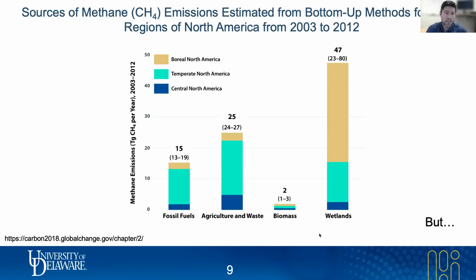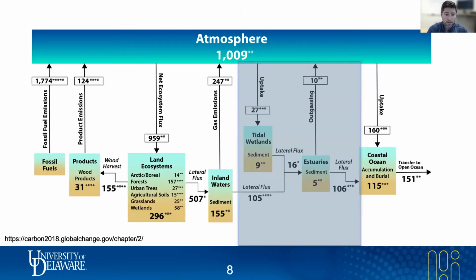When we did this assessment for North America, most of the wetlands represented freshwater wetlands, and there was very limited information about brackish wetlands or coastal wetlands. So this assessment needs to be revisited with the new information that is coming about methane emissions from different coastal ecosystems.